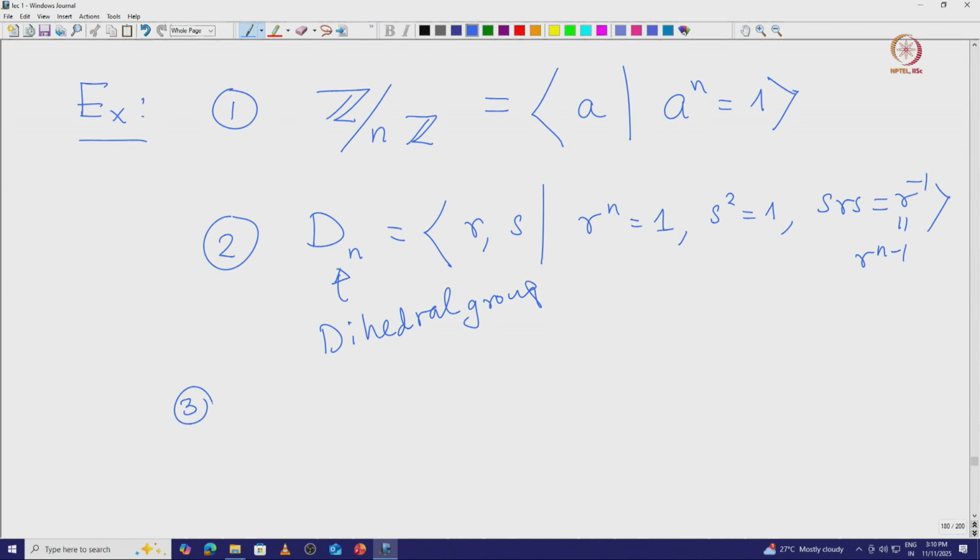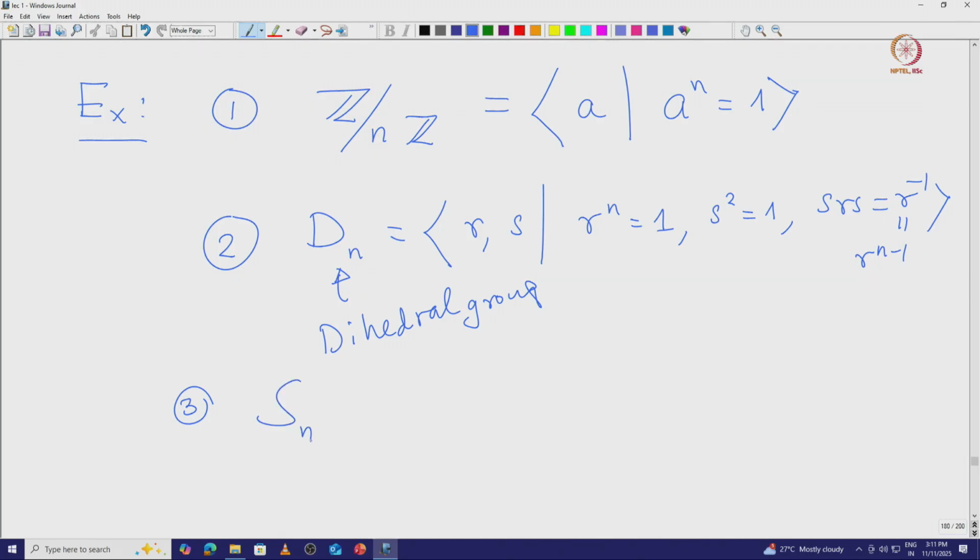So, I am going to write down presentations for certain groups which will be our running examples to understand the representation theory. We will definitely look at the representations of the cyclic group, dihedral group, symmetric group and so on.